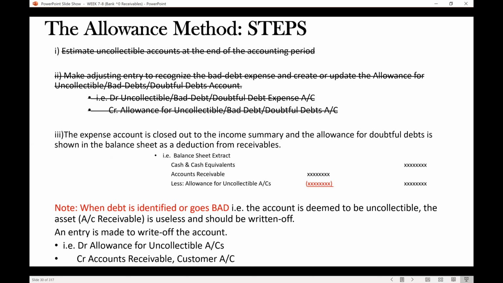From our final accounts, we then do our post-closing entry and our post-closing trial balance, right? There is where we close out. In doing our post-closing entry, we close out all our expenses. We close our revenue accounts and we close out our expenses to our income summary account. So this is what we're doing.